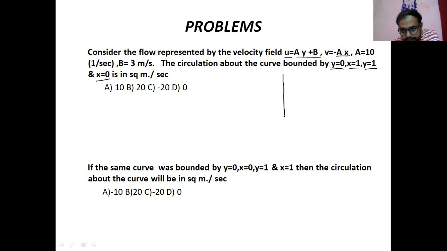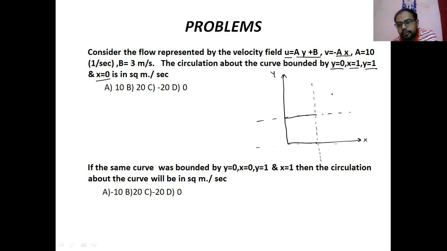First we draw this diagram, x and y. Y equal to 0 means this line, the x-axis. X equal to 1 means x is at 1 everywhere along this line. Y equal to 1 is this line, and x equal to 0 is the y-axis.